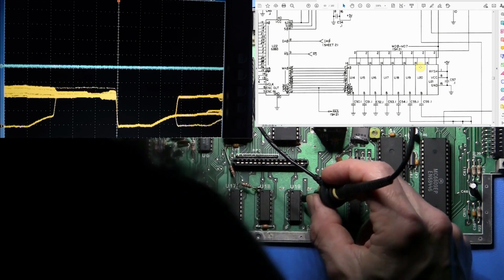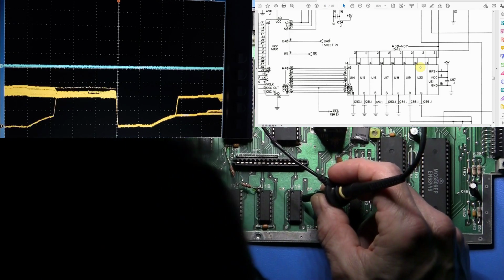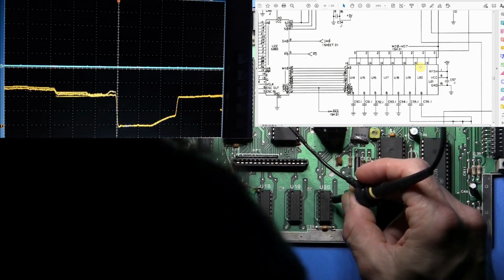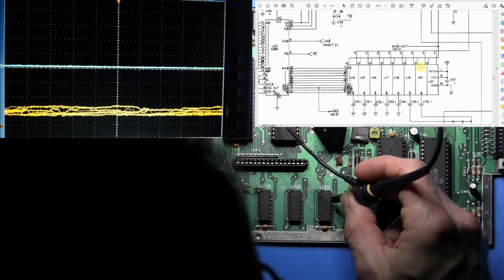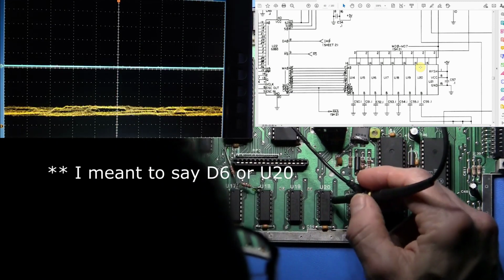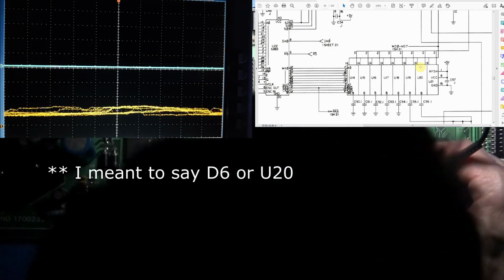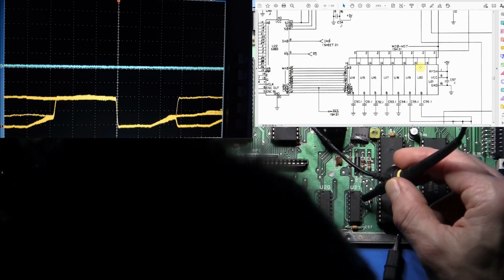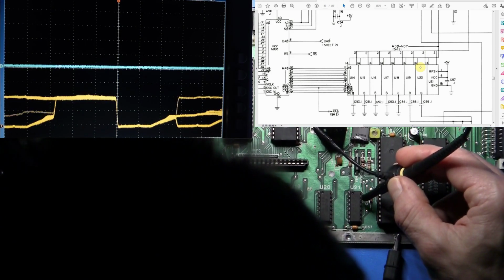Something is a little bit different looking about D5. Okay, D6. That one is dead. I think we have a bad RAM chip for D7 there, U20. And D7, the MSB. Right.